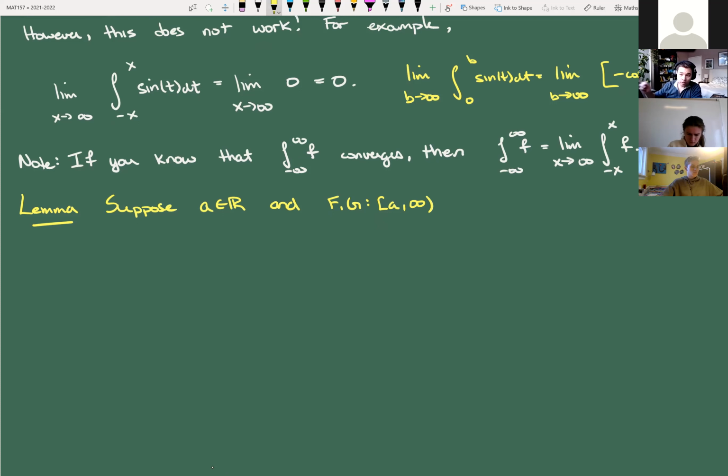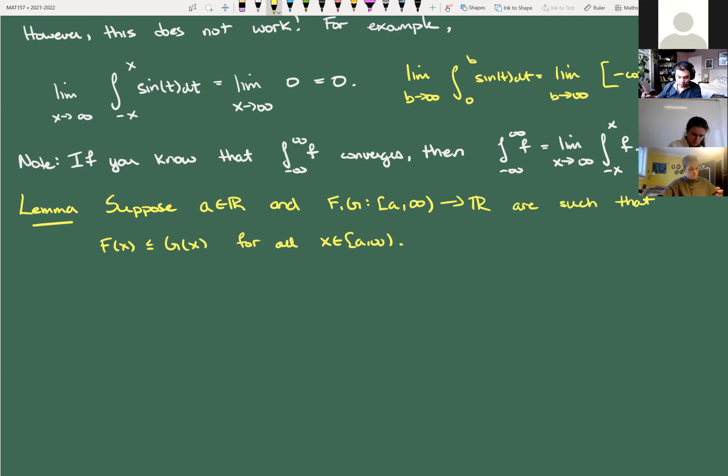Okay, so like I said, I'm only going to do the integrals from something to infinity. It's up to you to restate these things for negative infinity to some number or negative infinity to infinity. All the results hold, but they have to be restated. So this is true. Suppose A is a real number and f and g map A to infinity to the reals and are such that f of x is less than or equal to g of x for all x, right?